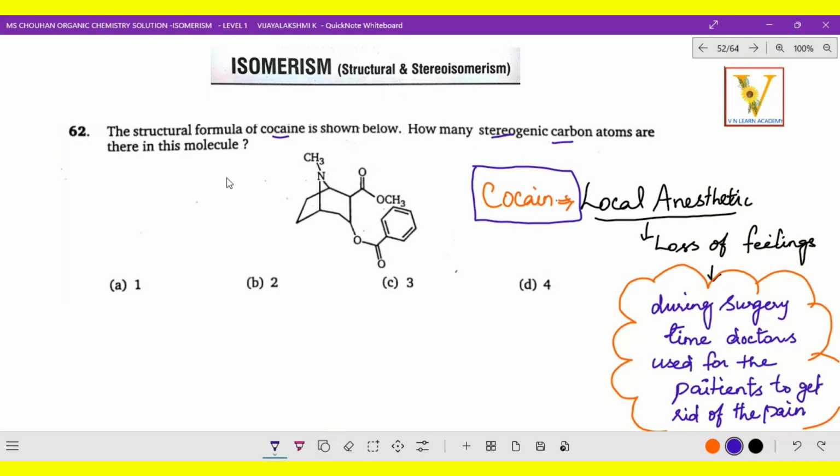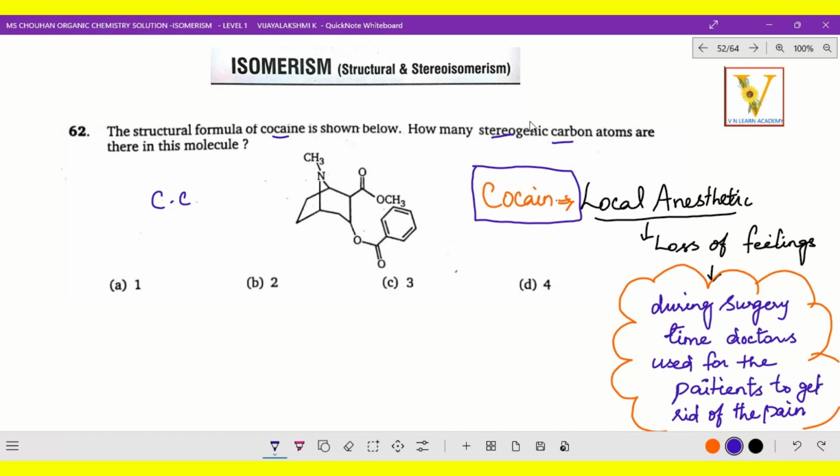Now come on, stereogenic carbon. What do you mean by stereogenic carbon? Stereogenic carbon is nothing but chiral carbon. Chiral means four different groups attached to that carbon, that is called a chiral carbon, right?